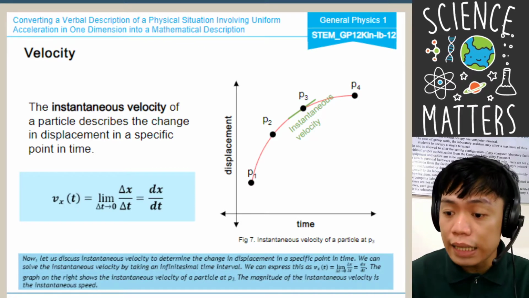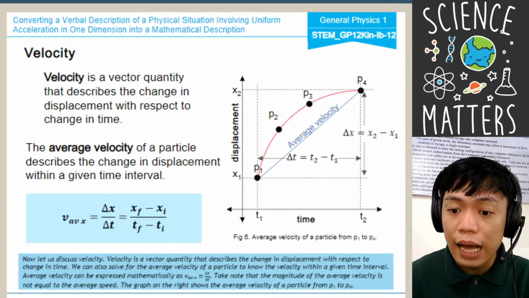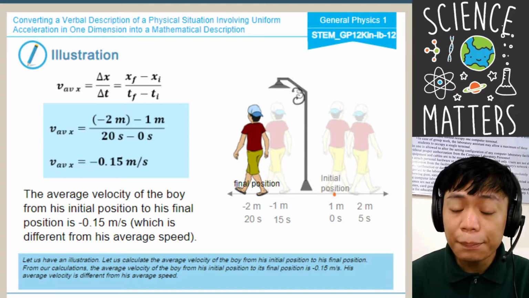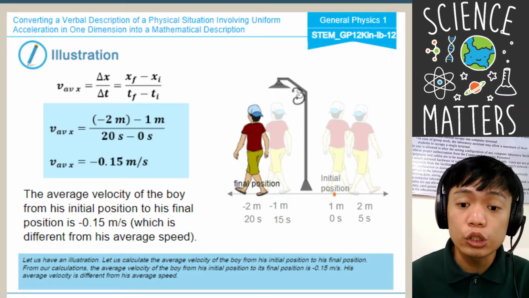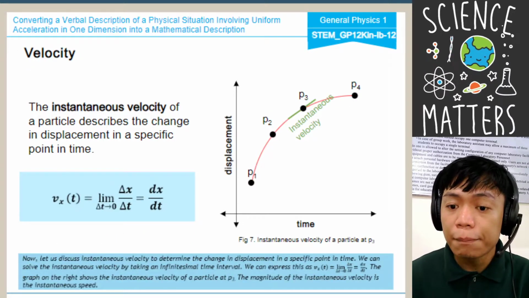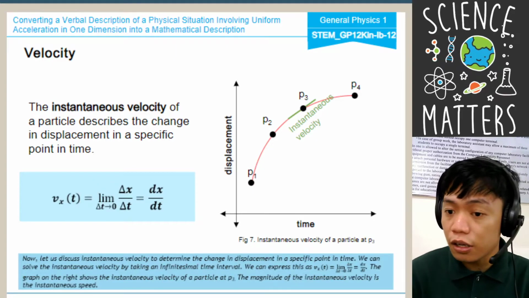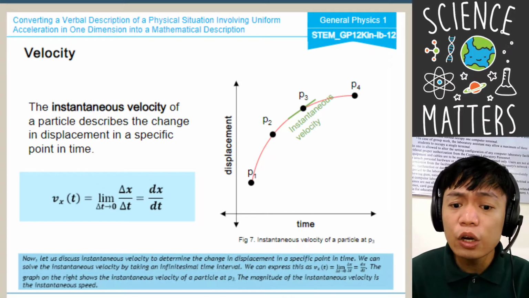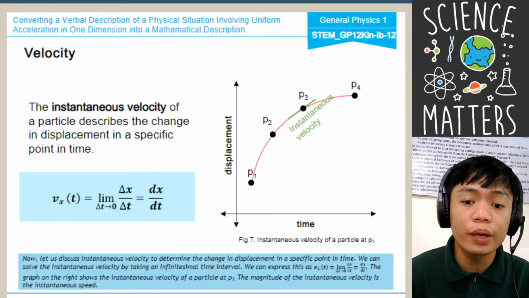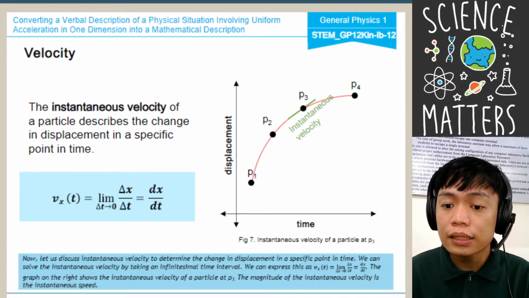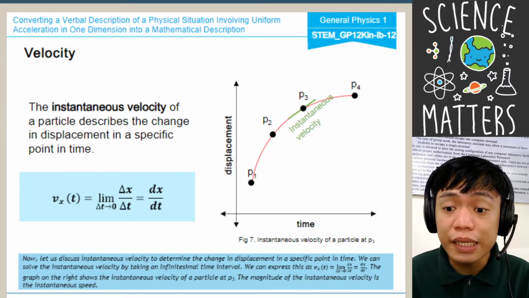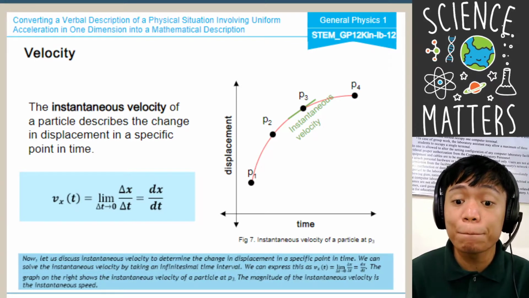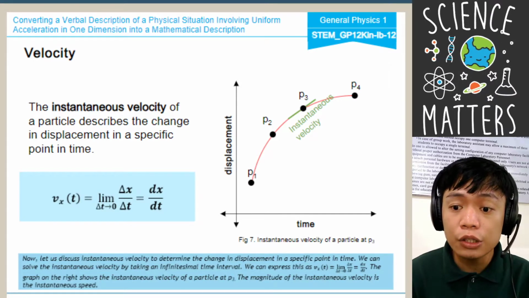So kanina kasi dito sa tinatawag nating average velocity, ang pinag-usapan lamang natin doon is yung time interval. But in the instantaneous velocity, what we are going to discuss is the change of displacement at a specific point in time.